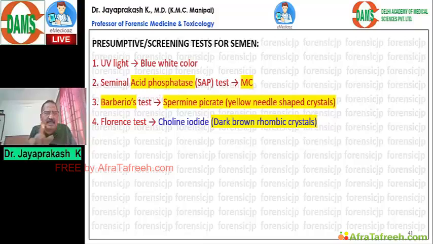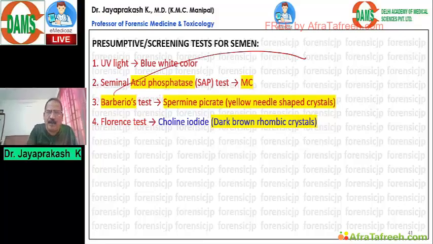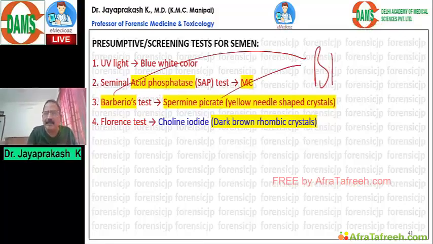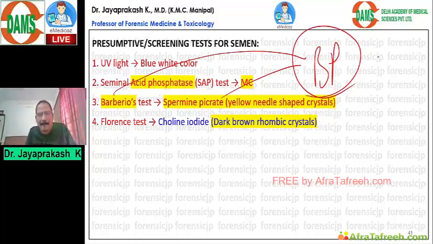Whereas in the Florence test, you can remember choline iodide, which gives rise to dark brown rhombic crystals. So you can remember Barberio picrate, BP.